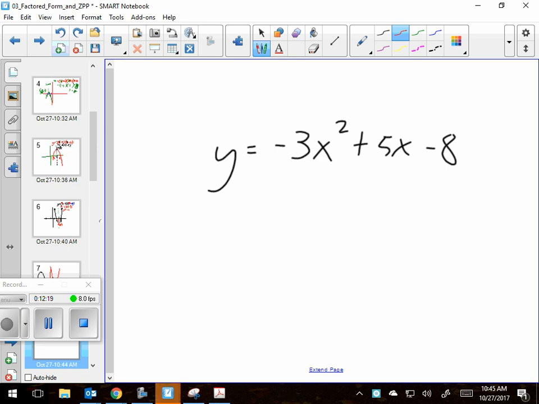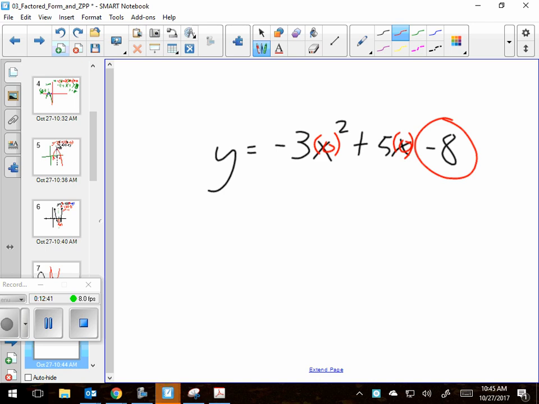What do you think? I was going to say it's been moved down 8. And it's not been moved down 8, but it's got -8 as a thing. It's just that it's not that it's been moved down 8. What is that -8? The y-intercept, because if I put in x equals 0 you see how these disappear.